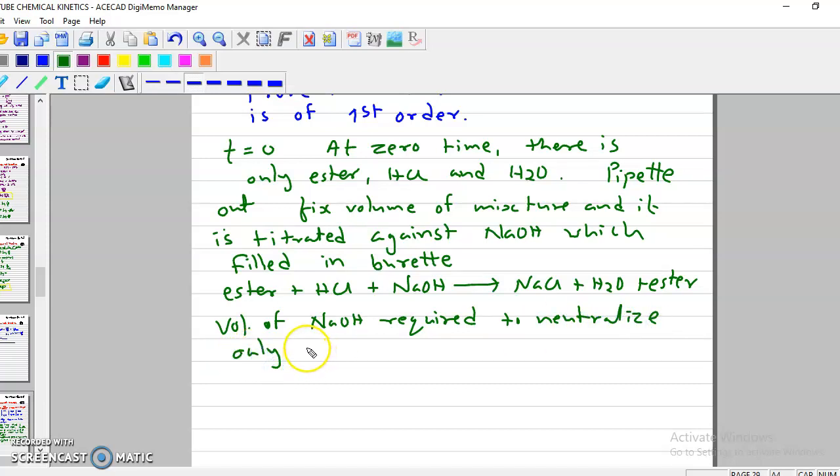In the beginning, only HCl is neutralized by NaOH, and this reading of NaOH is known as V0, the initial reading, the first reading. It is called V0 because it is required only for HCl.